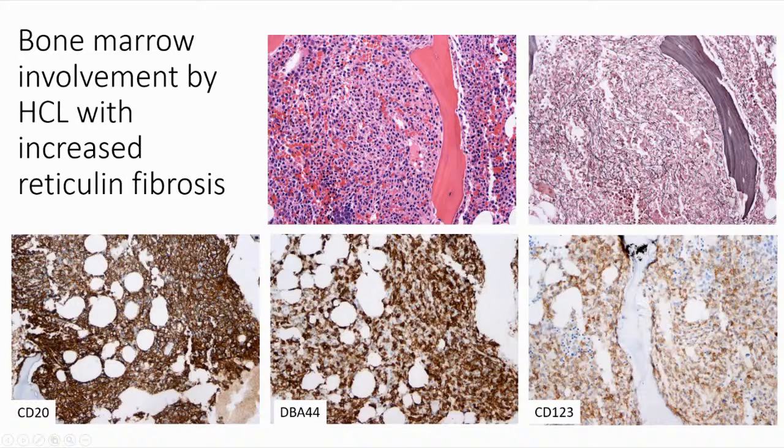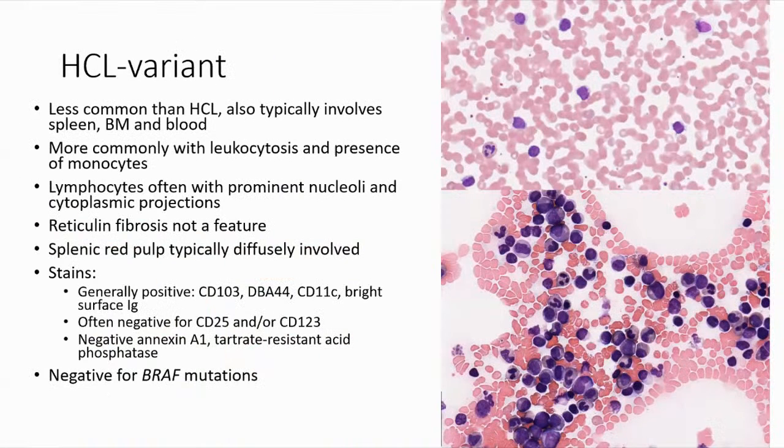All right, hairy cell leukemia variant can create confusion, especially if you only run a limited marker set, because they can show overlapping morphologic features with some cytoplasmic projections, and expression of CD103, CD11c, bright CD20 and light chain. However, you typically see more of a leukocytosis, and you also can still see monocytes.